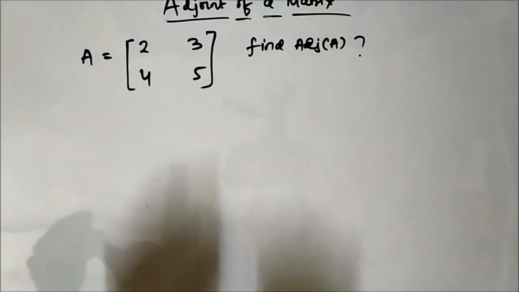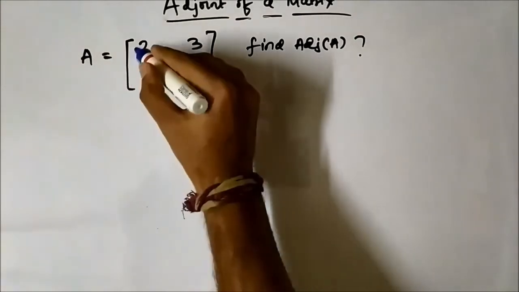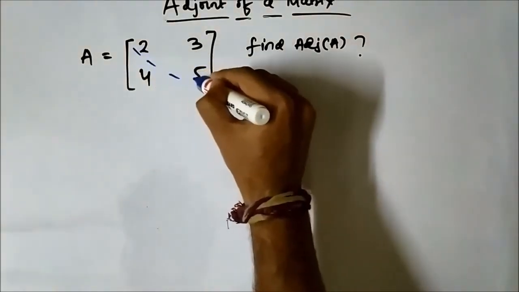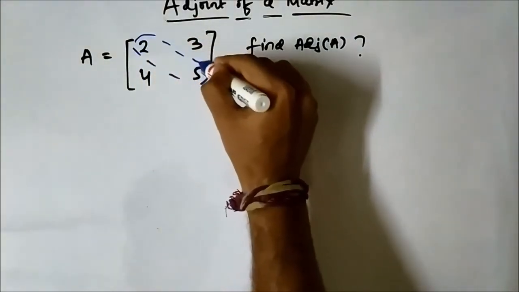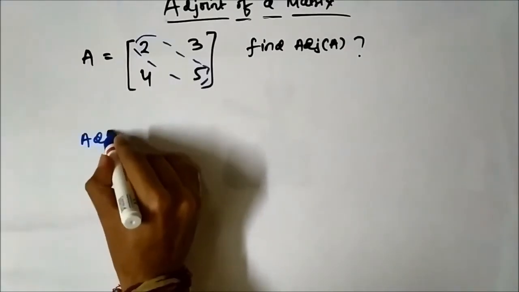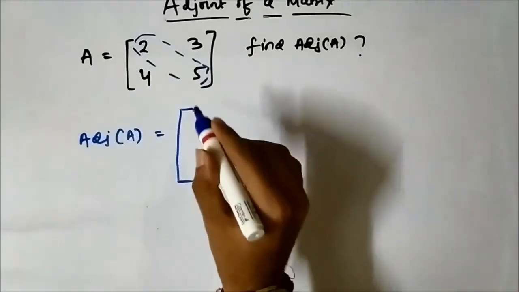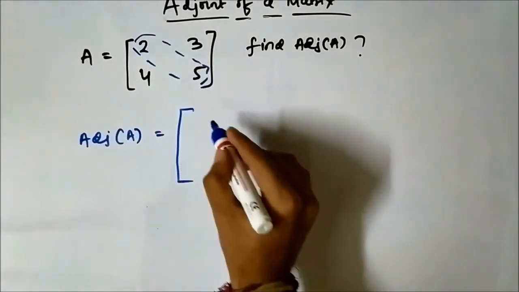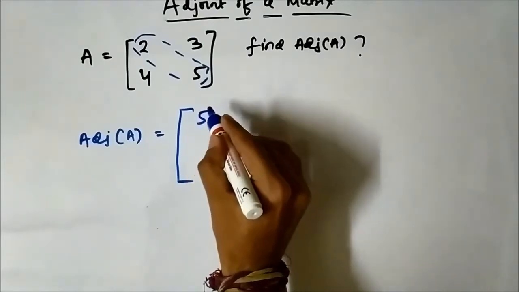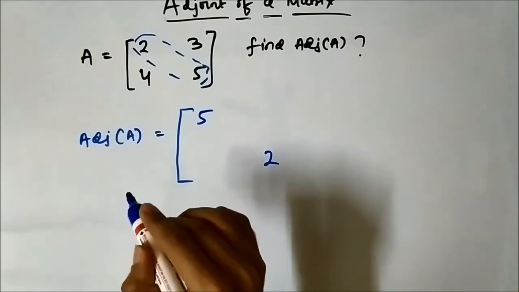According to the shortcut method, the principal diagonal elements are 2 and 5. In the adjoint matrix, they will switch places, so the 5 will come here and the 2 will be here.